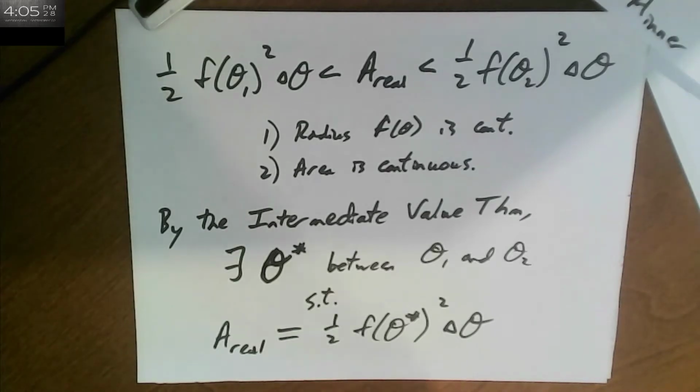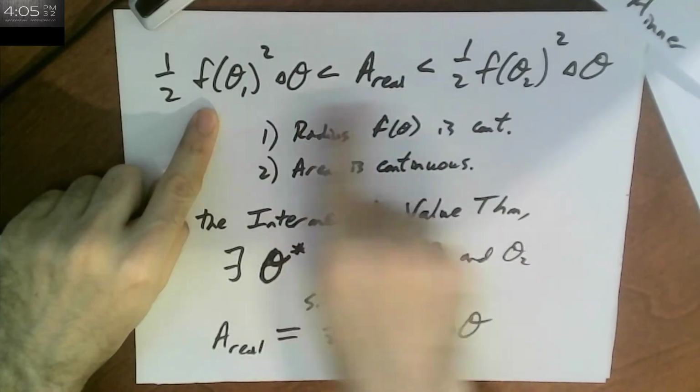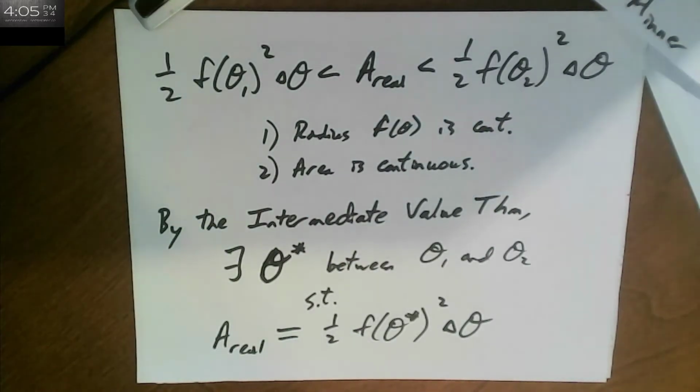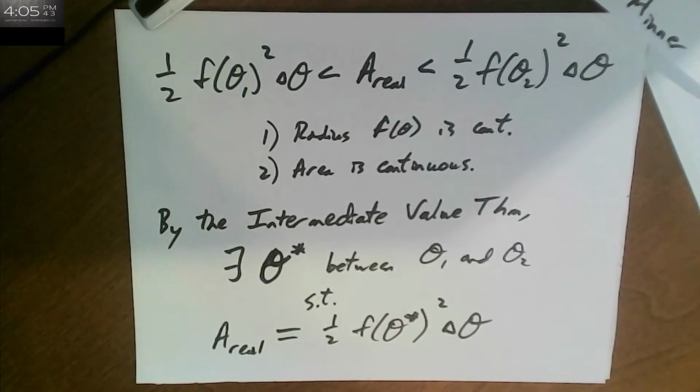Since we have a bound on either side of the real area, it is some value between them. So in the function of 1/2 times f of theta squared times this width, there is some angle between theta 1 and theta 2 where if I plug that angle in, I get exactly the real area. I don't know what angle that is, but I know there is one. It's there somewhere.